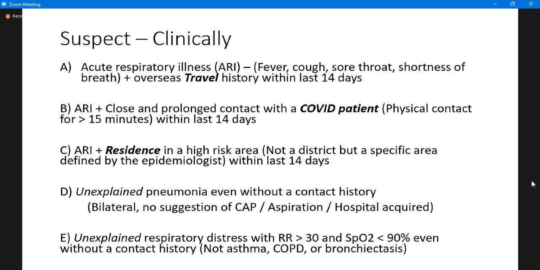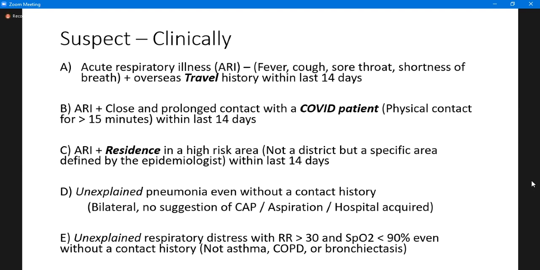They don't have COVID. So it is not the routine asthma patients, not the routine COPD patients, not the routine bronchiectasis patient. But if you see a patient with completely unexplained respiratory distress in terms of low saturation and tachypnea, then you may need to consider the possibility of COVID pneumonia.